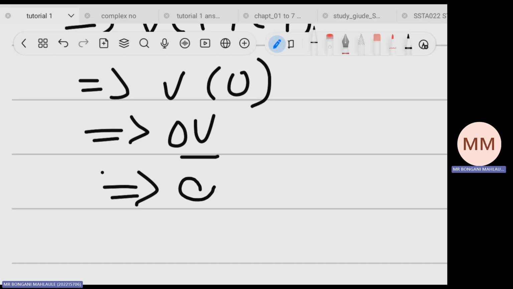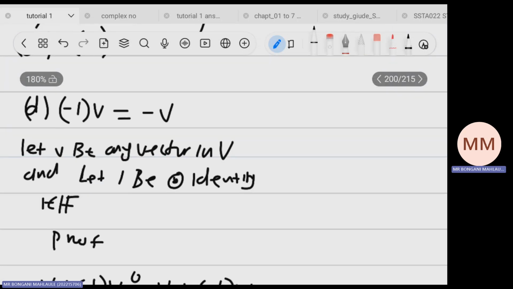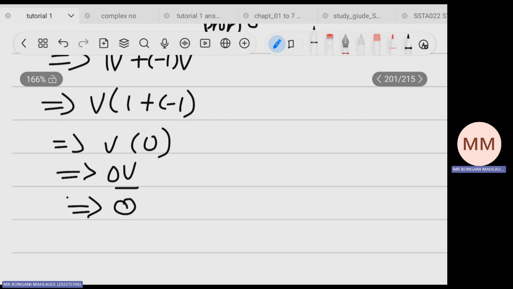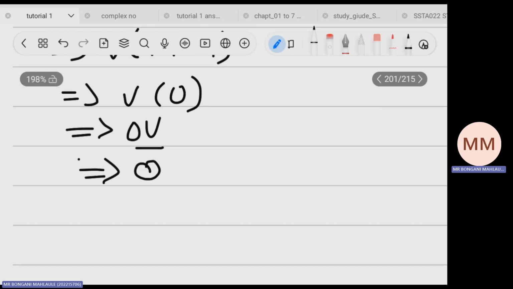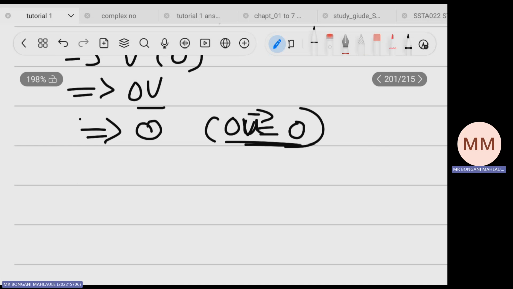It's equal to 0. Remember, we're trying to show that negative 1V will be equal to negative V. So we also know that 0U is equal to 0 for any vector.